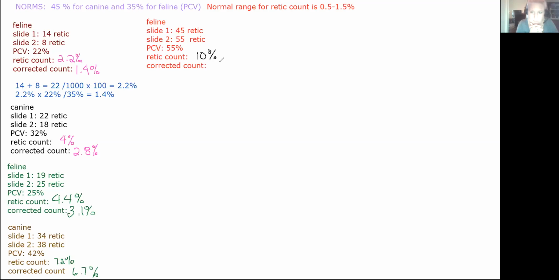I got something different from my corrected, Lauren. Yes. For some reason, this one went the opposite direction. It went much higher. I think it's just because of the numbers that I chose. But 15.7.